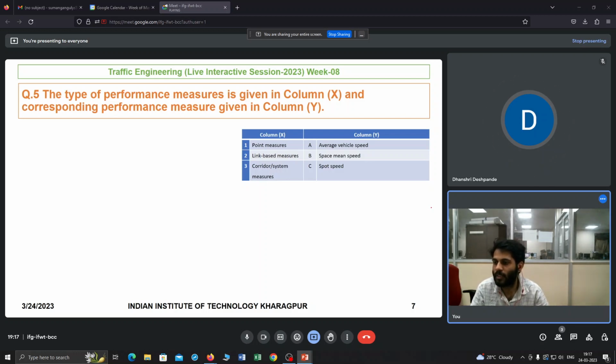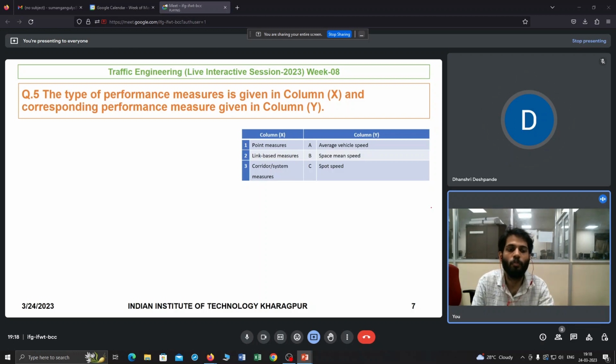Also the speeds are given: average vehicle speed, space mean speed, spot speed. So you have to imagine, suppose you are evaluating a traffic corridor and it is considered as a system, right?